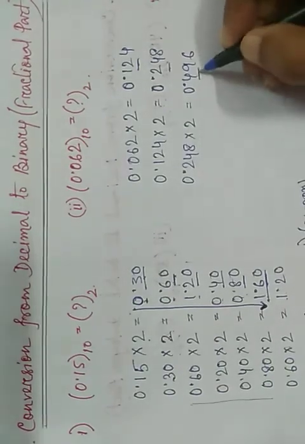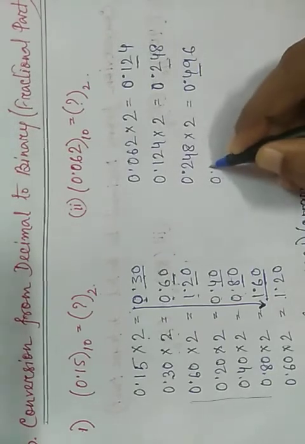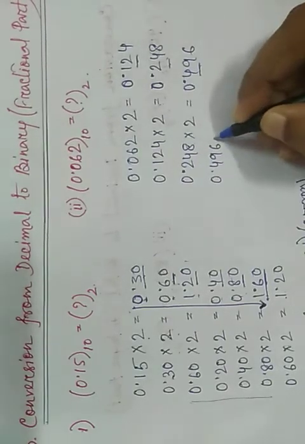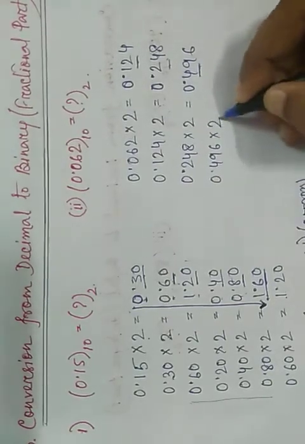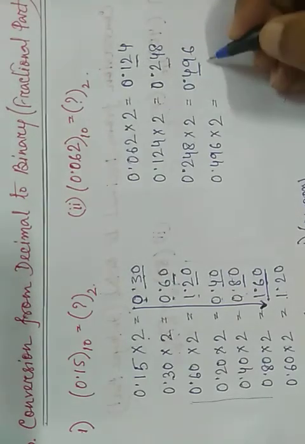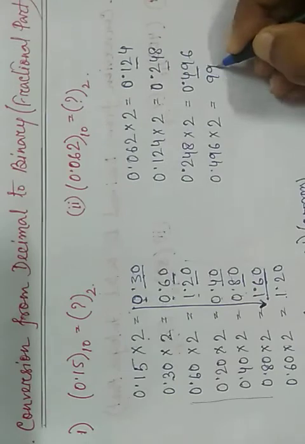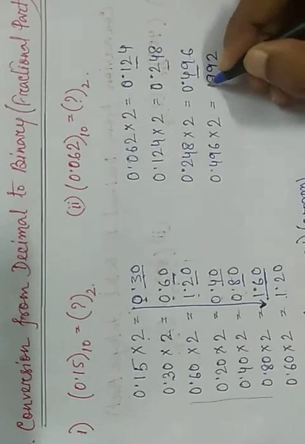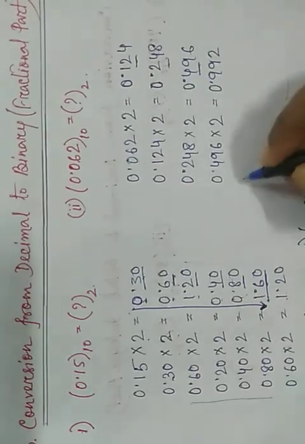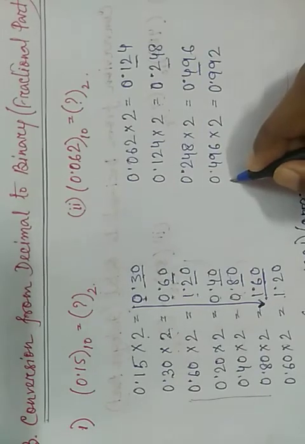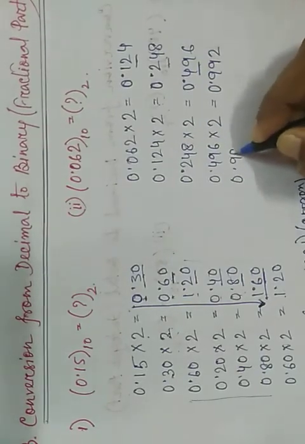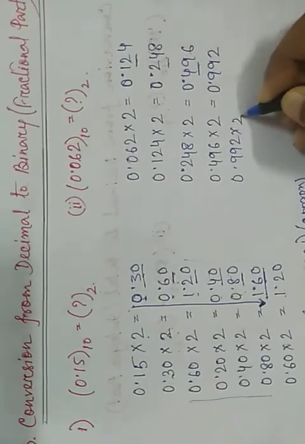Now take these fractional parts, that means 0.496 into 2. It will be 0.992. Integer part 0. Again 0.992 into 2.